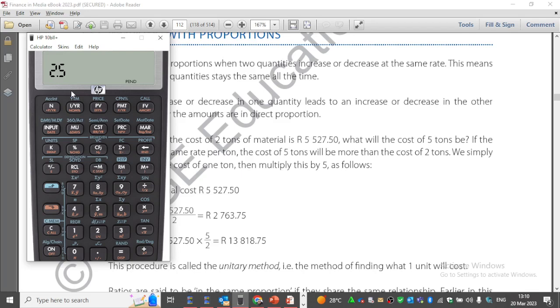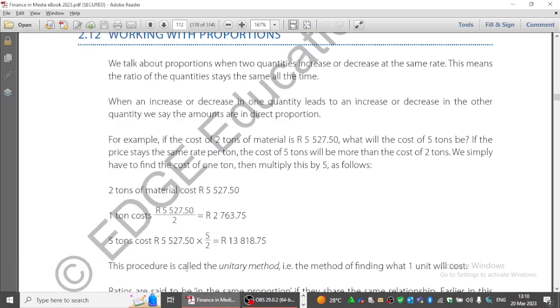So if we look for the value of 5 tons, we take the difference, which is 2.5, and multiply it by the value of 2 tons, and we get our value. It still gives us 13,818.75 cent. Here it says that this procedure is called the unitary method.